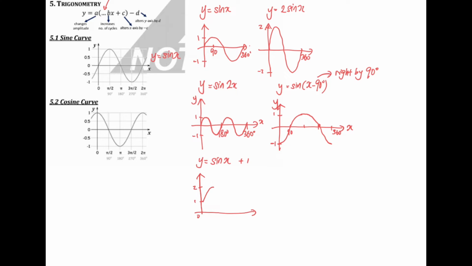So like this, go up, go down. This is 180 degree. This is 360 degree. So the graph is like this. What you can see here is the whole graph goes up by 1 unit.